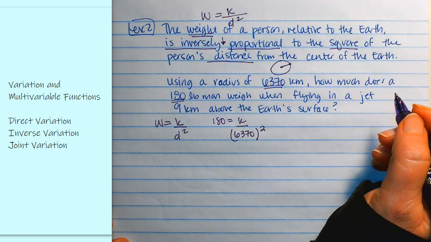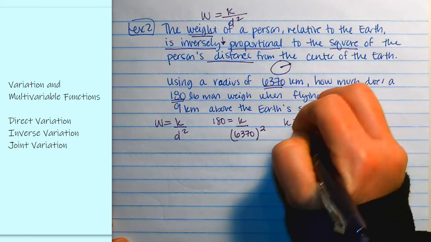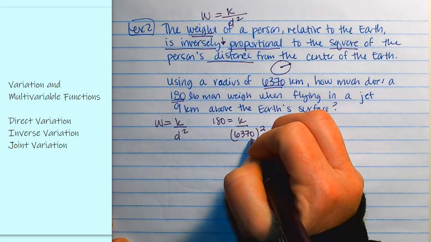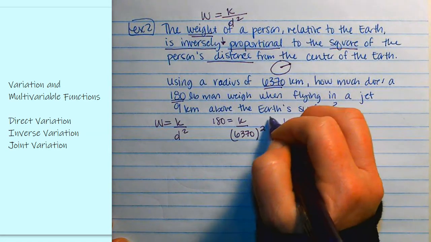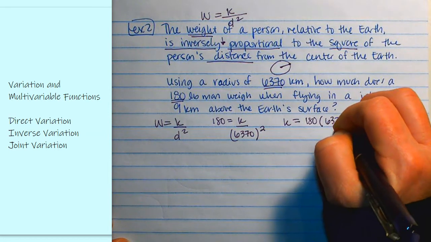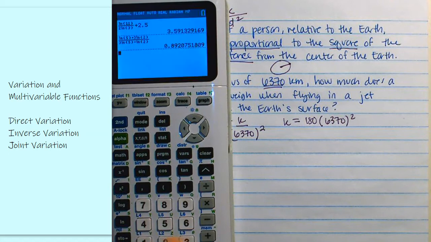I'm definitely going to use a calculator. I'm going to say that K is equal to 180 times, so if I multiply this side by 6370 squared, it will cancel on this side, and then it will be on this side, 6370 squared. And let's find out what the K value is.